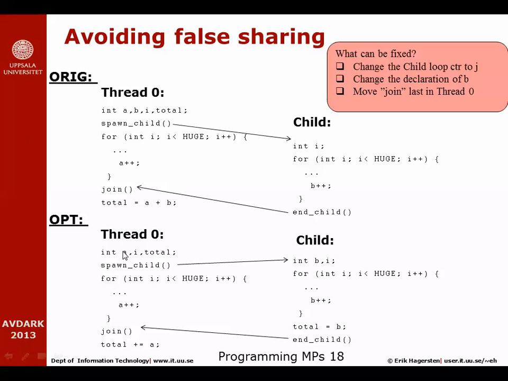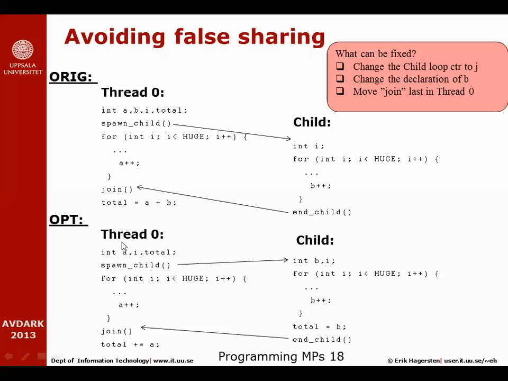One way to do that would be to use some kind of alignment primitives that are supported by many compilers, where you say, when I declare the variable B, make sure it starts with an alignment of 64 bytes, at least that away from A. So you can have statements advancing the next space where you allocate the next variable.